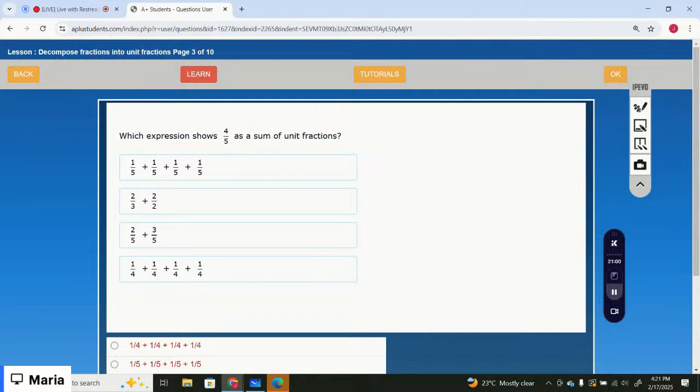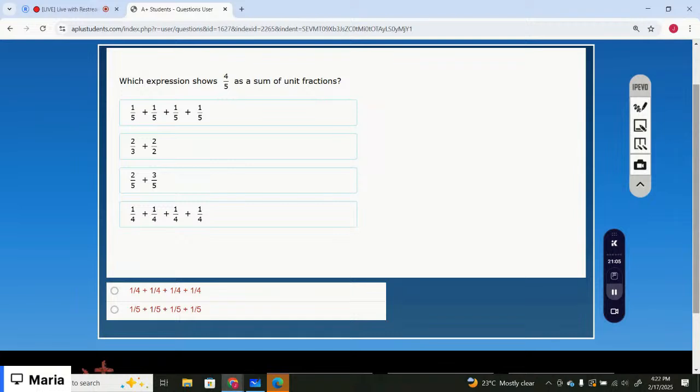Four by 5. Which is the correct option? That is option number 2, 1 by 5 plus 1 by 5 plus 1 by 5 plus 1 by 5. So option number 2 is the correct option. Got it?